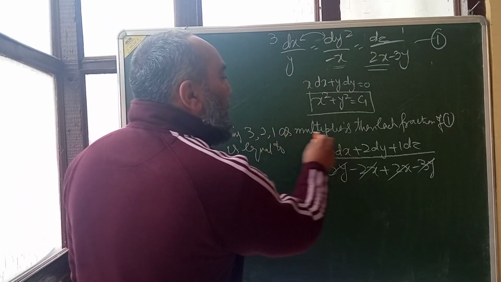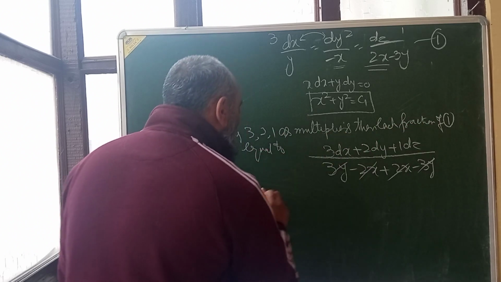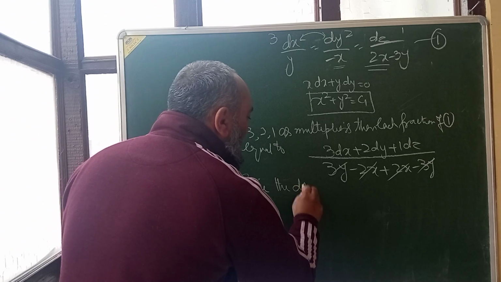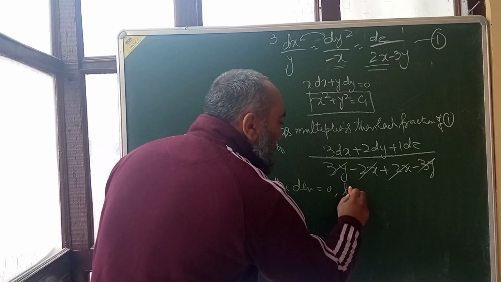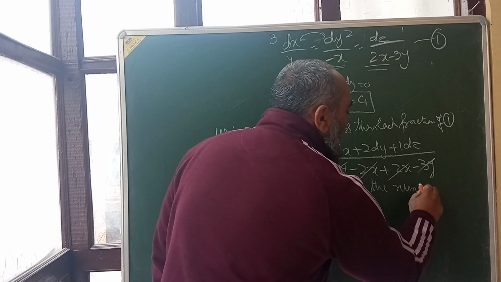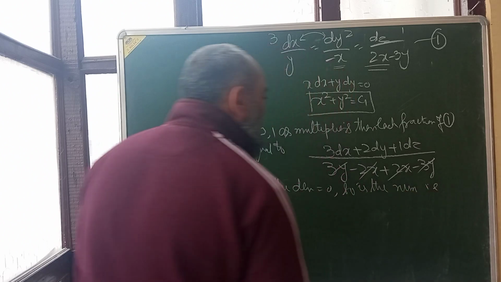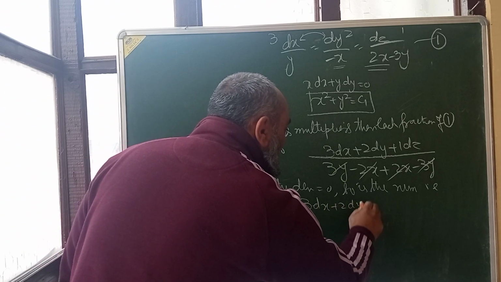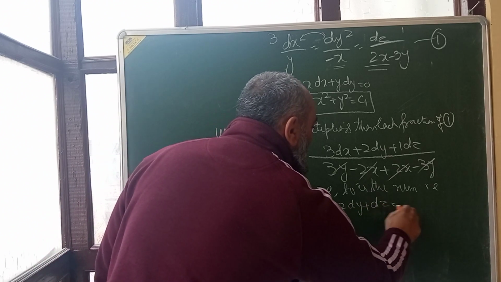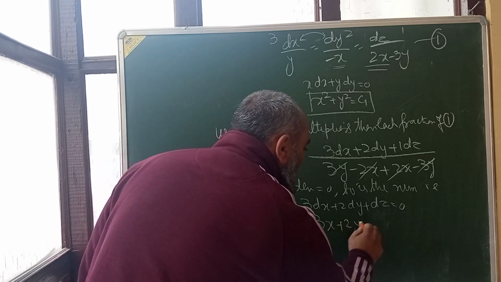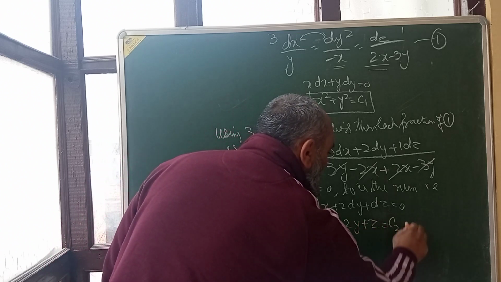Using 3, 2 as multiplier, each fraction is reduced. Since the denominator is equal to 0, so is the numerator. This is ratio proportion. That is 3 dx plus 2 dy plus dz is equal to 0, which gives us 3x plus 2y plus z equals C2.